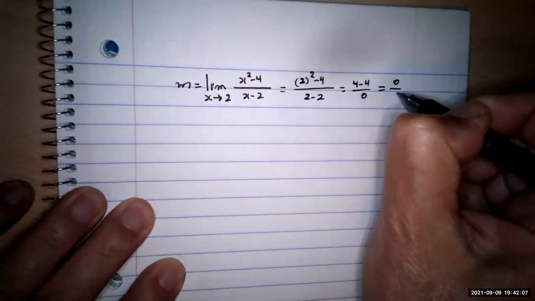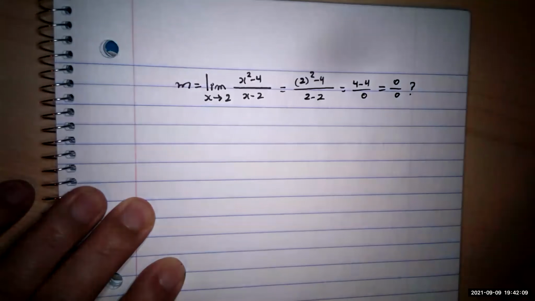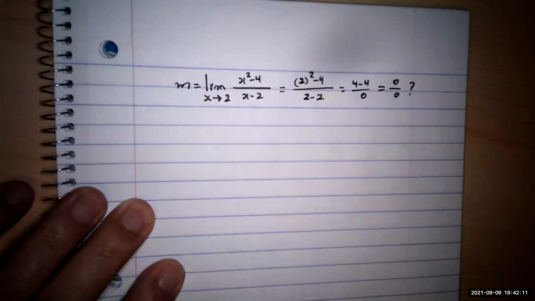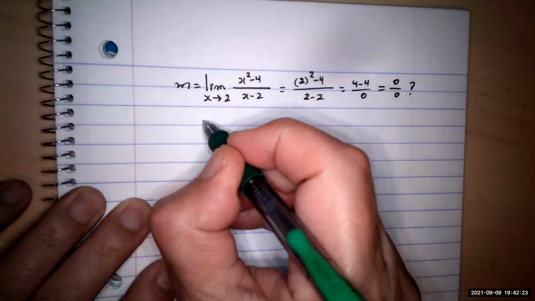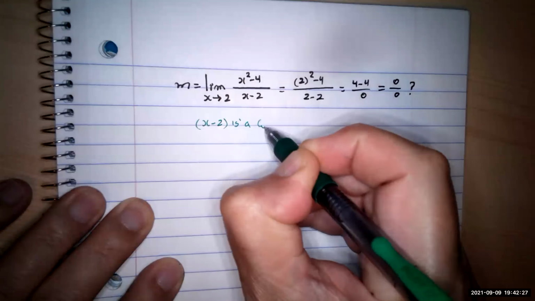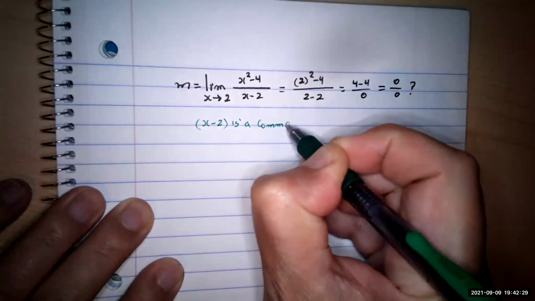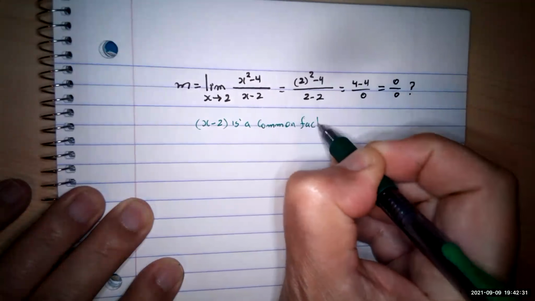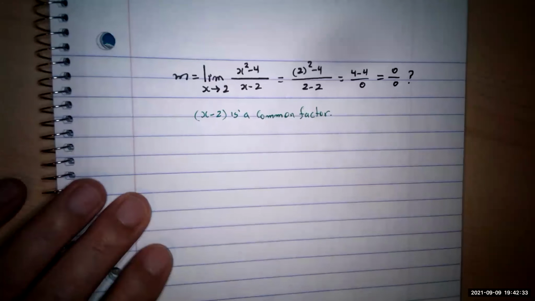What's the message now? Zero over zero. There's a common factor, excellent. What's the common factor? x minus 2. Very good. It's a common factor. So you know that you have to go back, factor it, eliminate it, and take the limit.